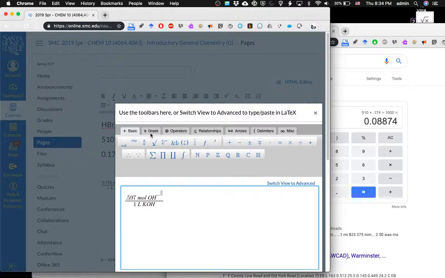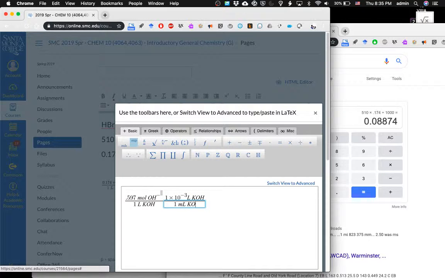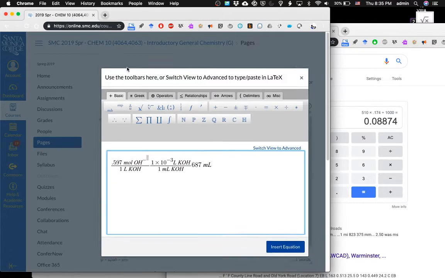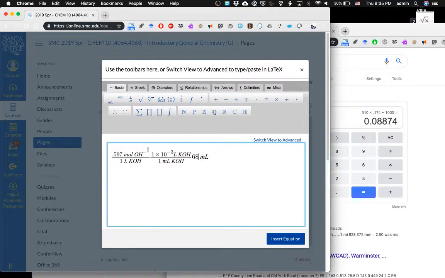And in 1 times 10 to the negative 3 liters of KOH, there's 1 milliliter of KOH, and I've got 687 milliliters. Is that right? Yeah, 682 milliliters actually. So it's only 1 OH for every KOH. There's no 2 or 3 or 4 there. So that means this is all okay.